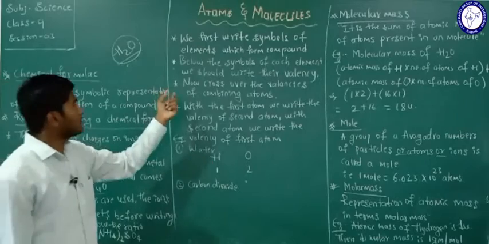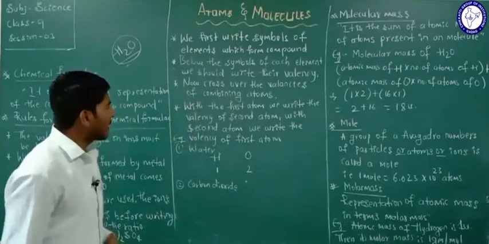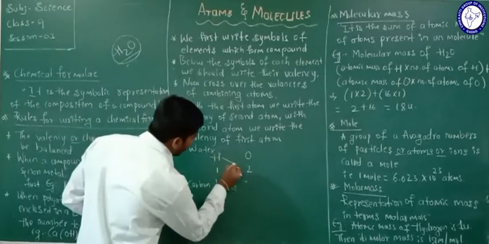Next, see the next step. Now cross over the valencies of the combining atoms.